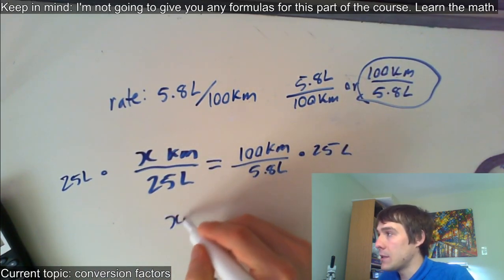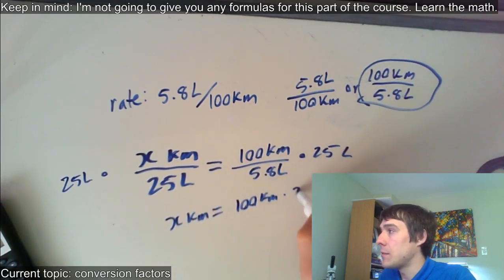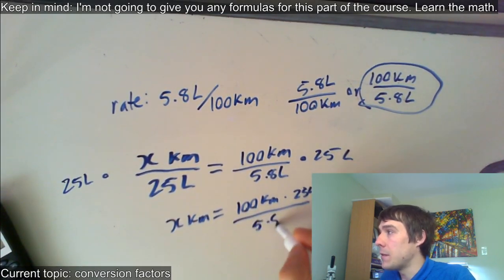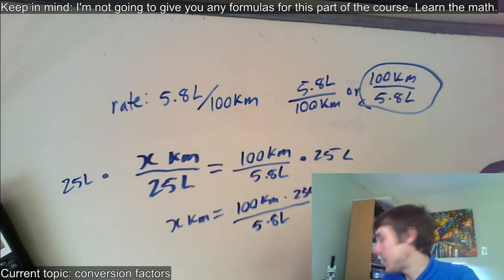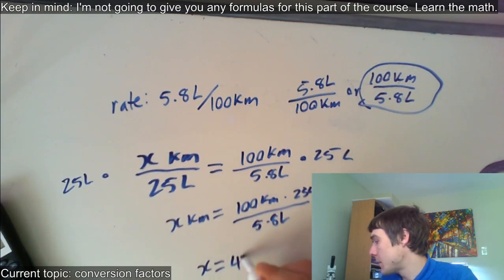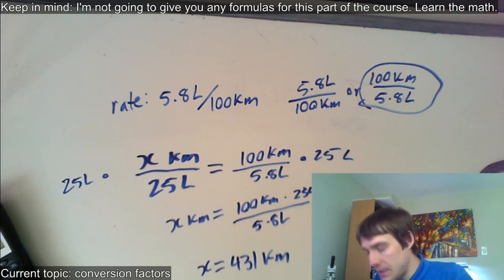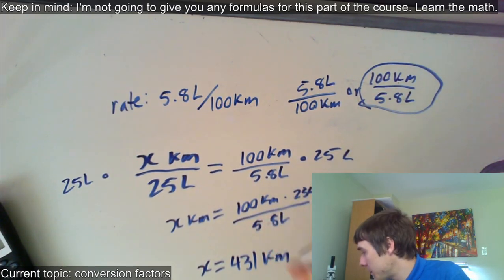And we'll get x kilometers is equal to 100 kilometers times 25 liters divided by 5.8 liters. Hey, look, liters cancels again, and it's actually mathematically identical. X is equal to 431 kilometers. Mathematically identical to the one that we did before. If I wanted to put it in, 100 times 25 divided by 5.8.